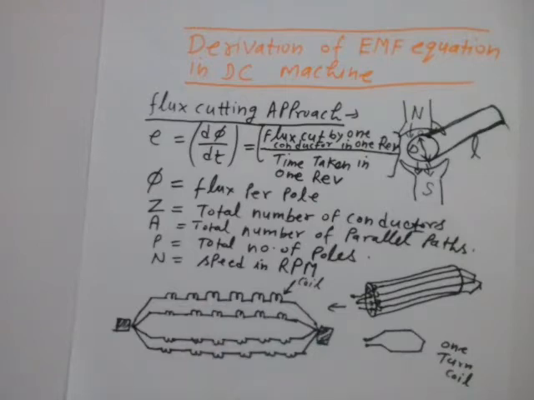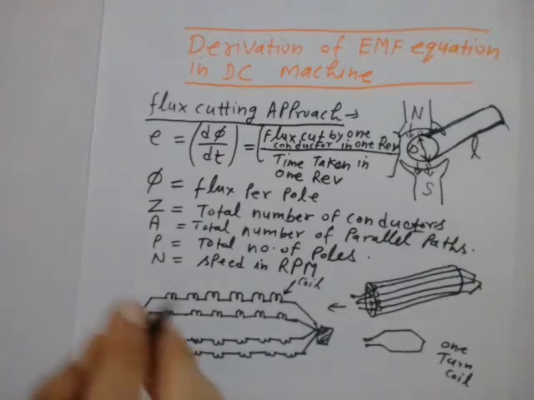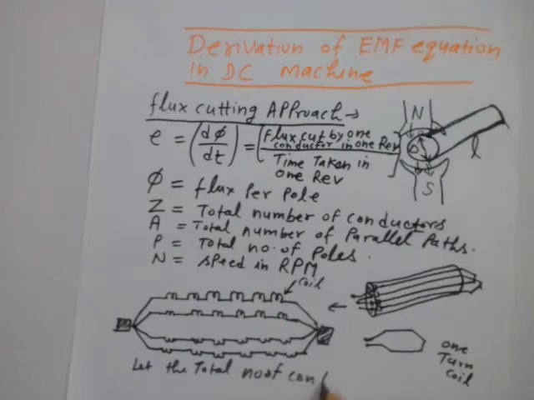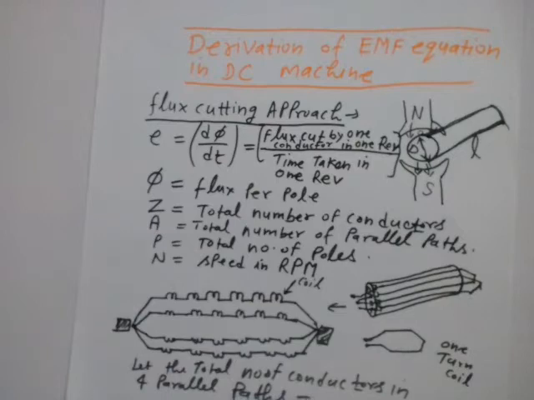Likewise, there are so many parallel paths in DC machines, and for simplicity, I have assumed only 6 coils in series. So the total number of conductors in 4 parallel paths, suppose, let the total number of conductors in 4 parallel paths be Z, right?